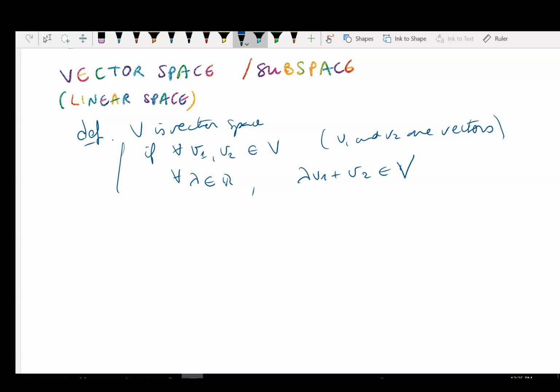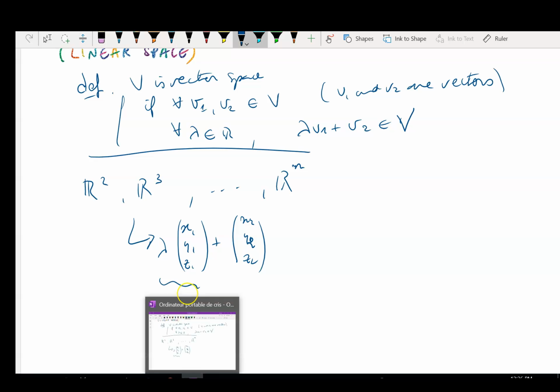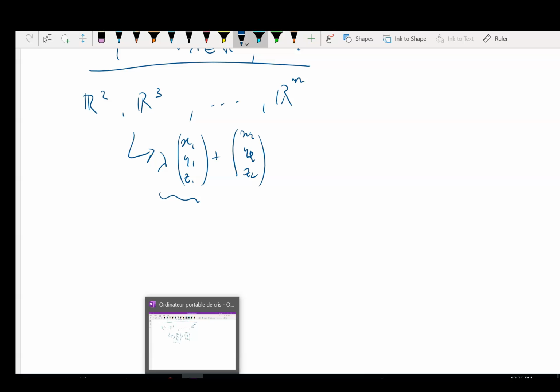That's what we're going to work a lot on during second semester. For the moment, we're only going to work on R2, R3, Rn. Take a vector in R3, let's say x1, y1, z1, take another one, x2, y2, z2. You know how to multiply one vector by a real number, lambda x1. That first operation is called the outer multiplication.